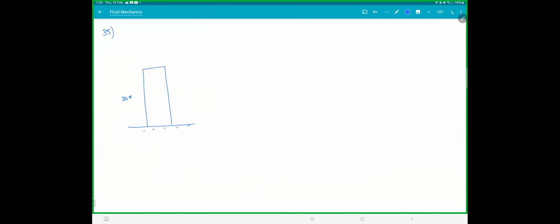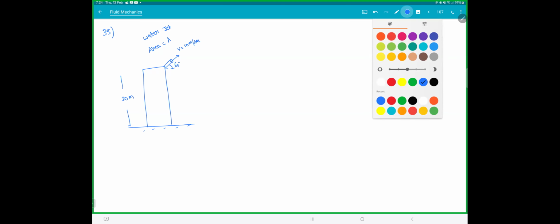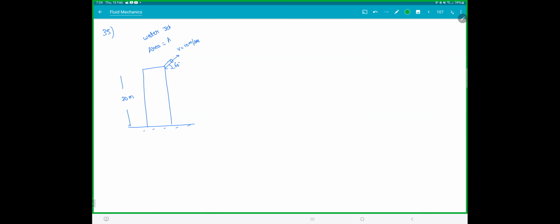We have a building of height 20 meters. We have a water jet, area A, speed is 10 meter per second. This angle is 60 degrees. So when you spray this water jet, it comes and falls somewhere on the ground. So the water jet's area won't remain the same.